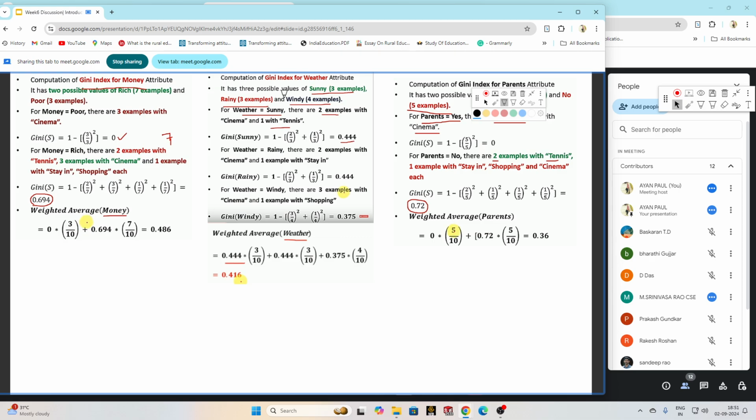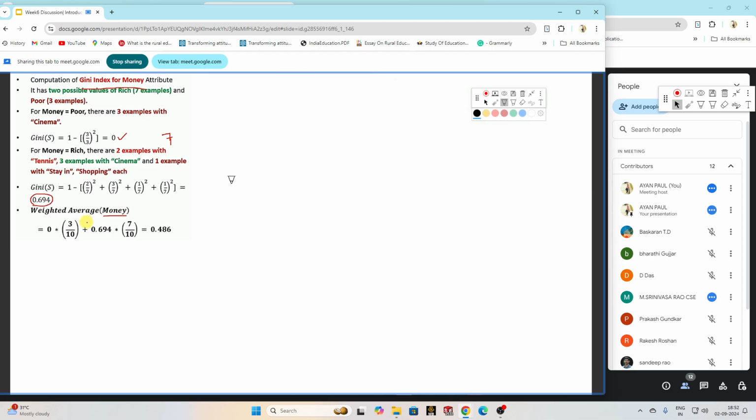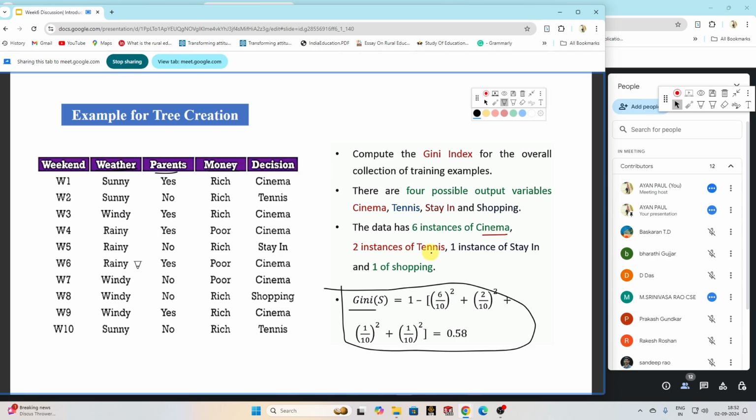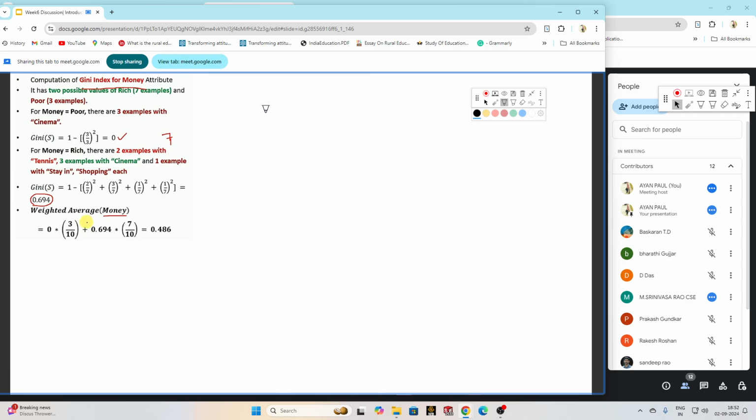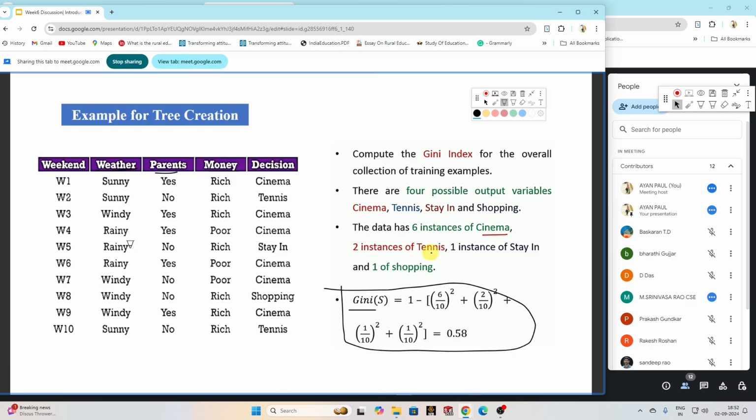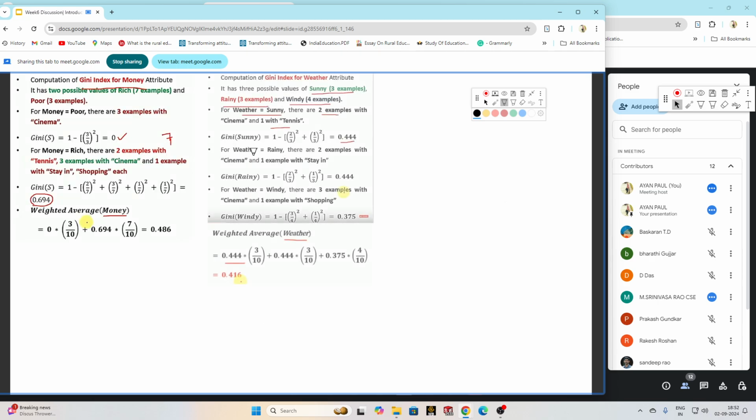If I talk about weather, we have 3 sunny examples, 3 rainy examples, and 4 windy examples.